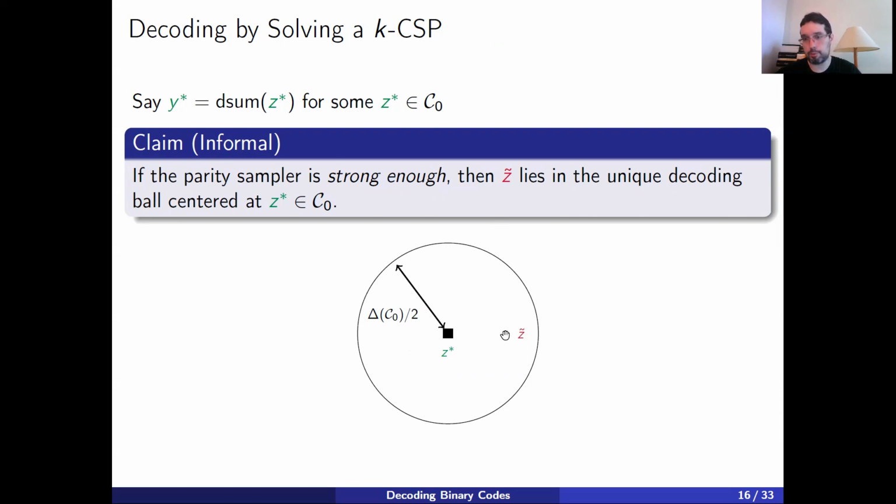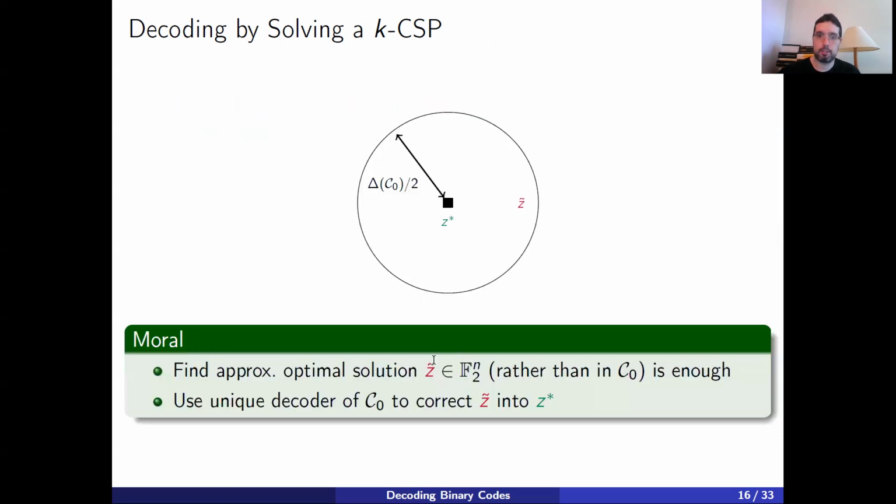And once you have this property, we are done, right? You can use the unique decoder of the base code to self-correct all the way to Z star. So the moral here is that it's enough to find an approximate solution, Z tilde, like this in F2 to the N, and then you use the unique decoder to self-correct.